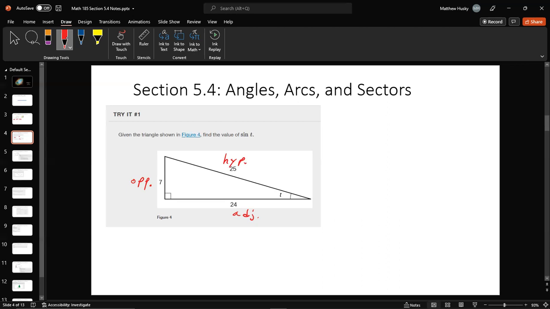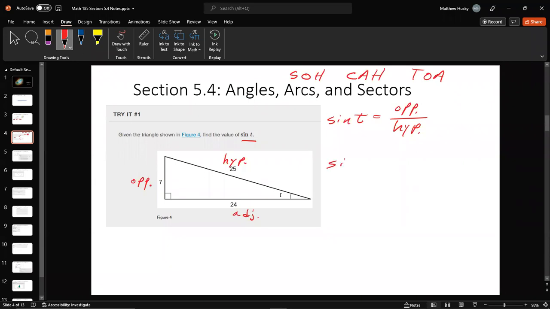And so if we want to write the value of sine of T, that's going to be defined as the opposite over the hypotenuse. That's again just based off the definition of SOHCAHTOA.